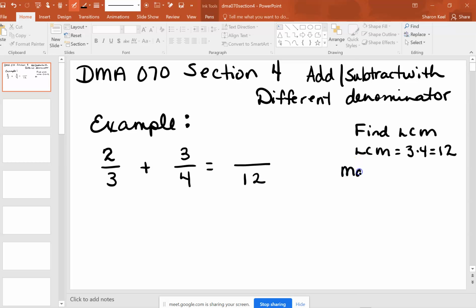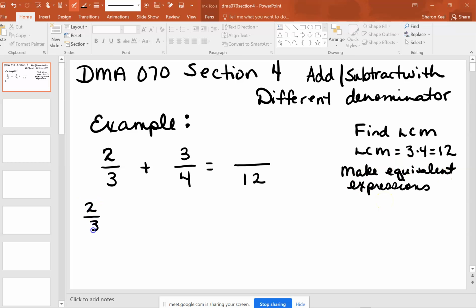The next thing we need to do is to make equivalent expressions. When you make equivalent expressions, you're going to use the least common denominator. And this is a reflection of what we did in the last section 3. We had a whole skill practice on finding common multiples, then a whole skill practice section on making equivalent expressions.